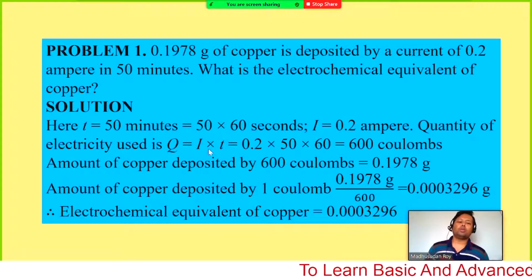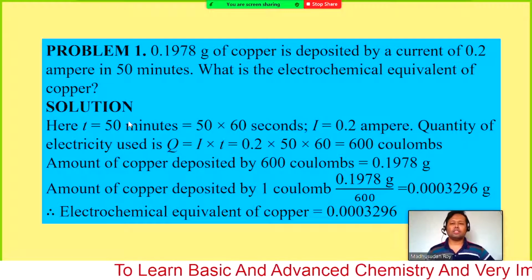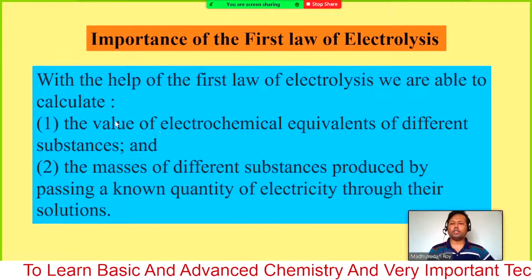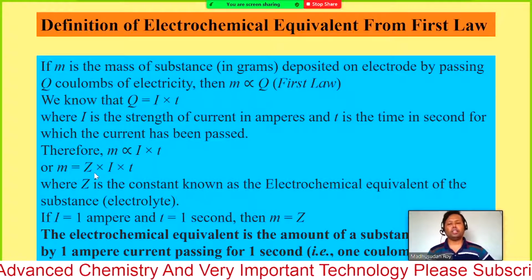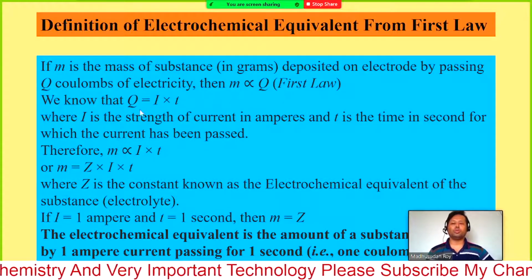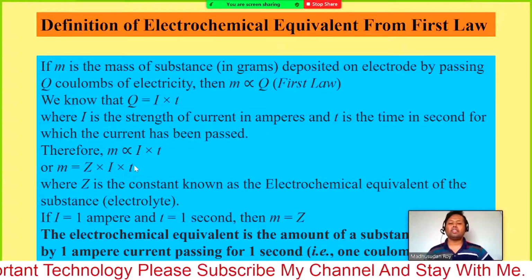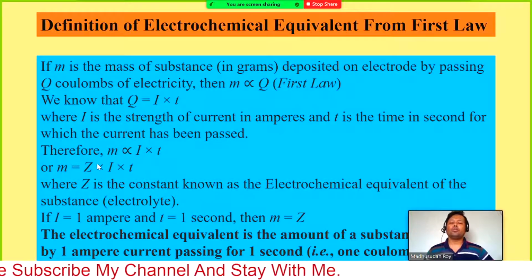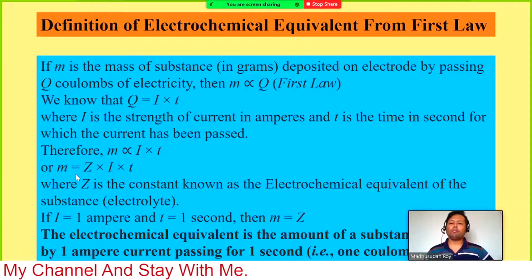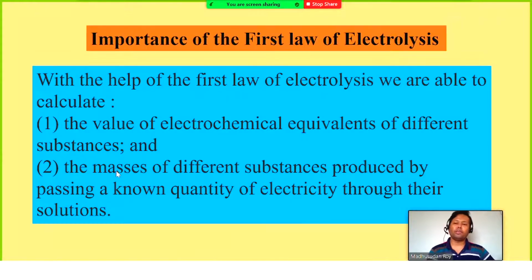If you use the equation M equals ZIT directly, that is also okay; you don't need to go to Q, because we already have I, T and M. So directly we can find the value of Z. Z equals M by I into T, and that will give you the exact result.